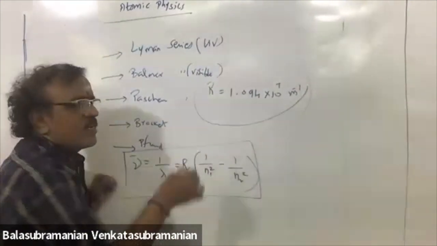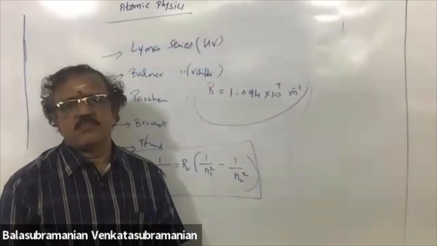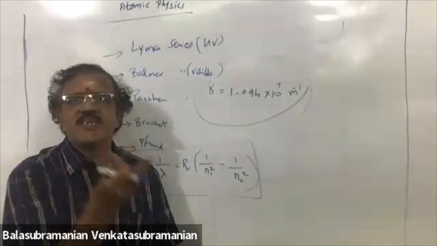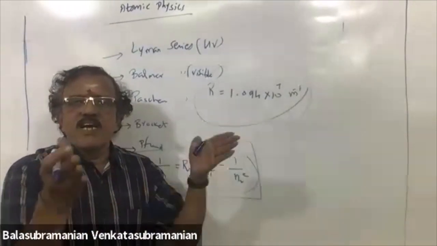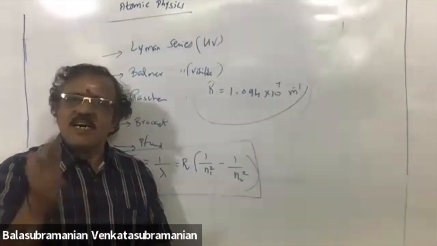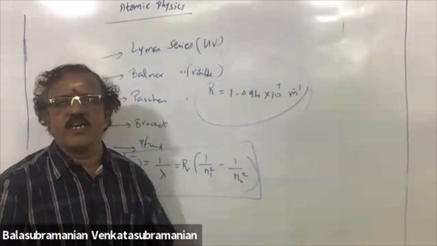An electron jumps from a higher orbit to the second orbit. Third to second, or infinity to second, you calculate. You will get a range of wavelength that lies between 4,000 to 7,000 Angstrom units, the visible range.